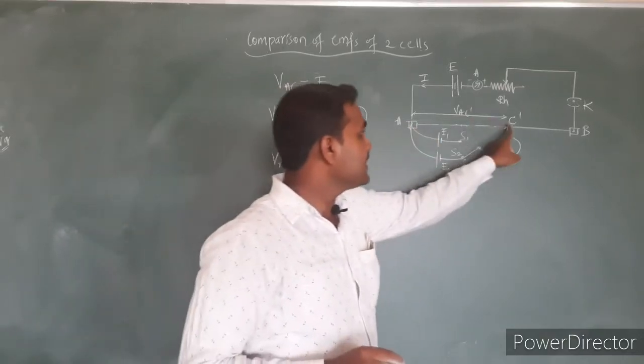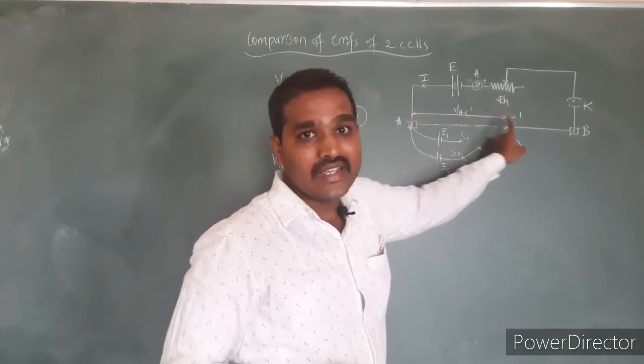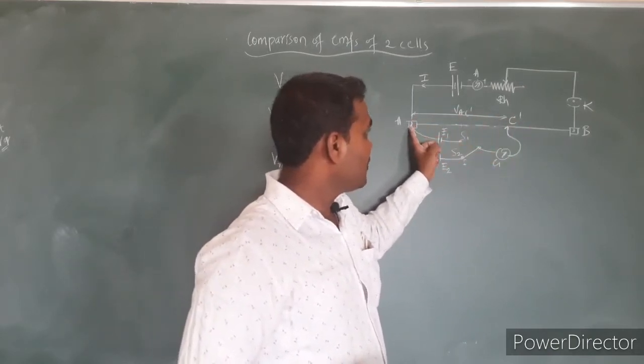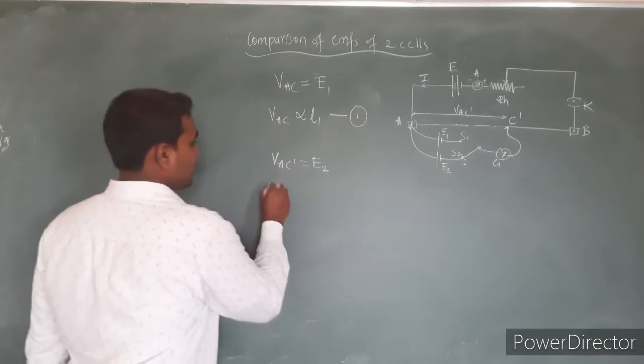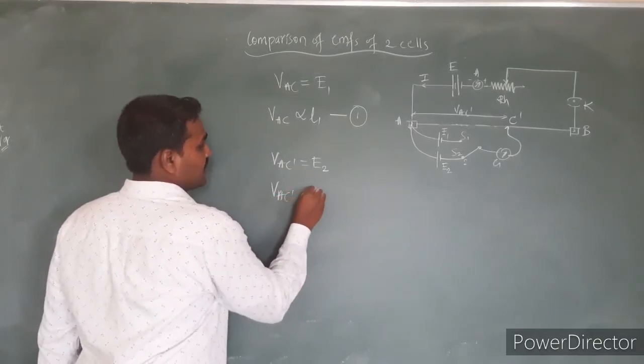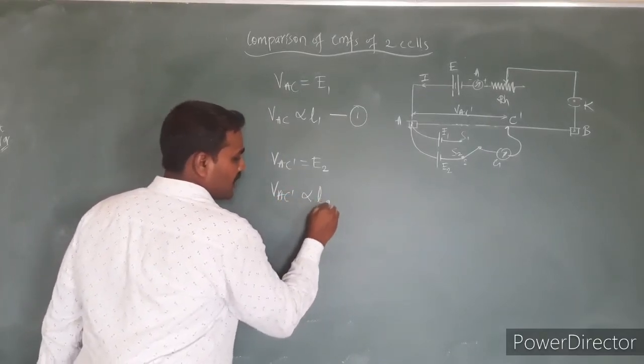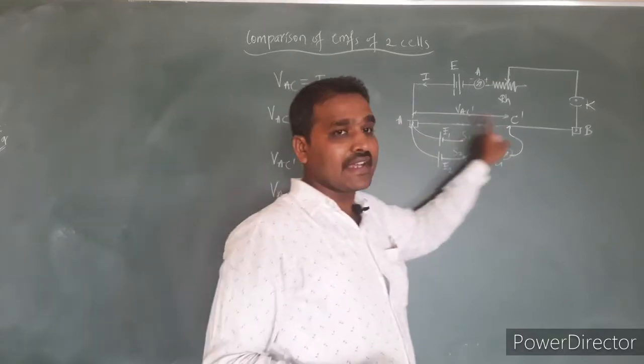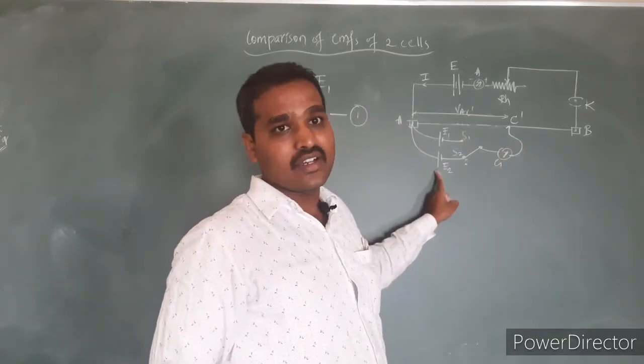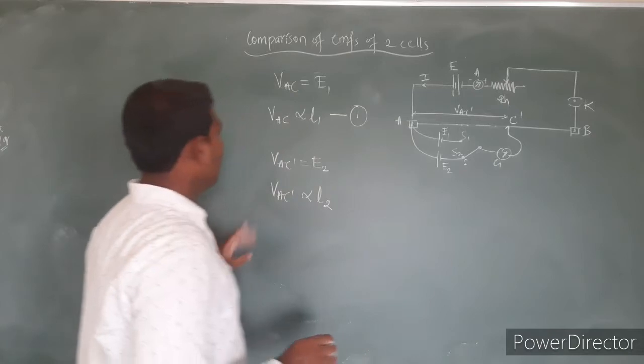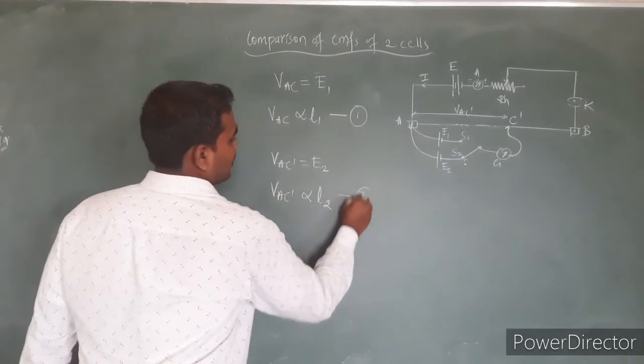Again this VAC dash depends on the length of this metal wire AC dash. I can write VAC dash is directly proportional to L2, that is the balancing length when the second cell is connected. This is equation number 2 here.